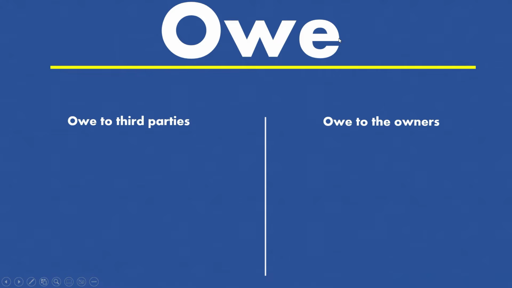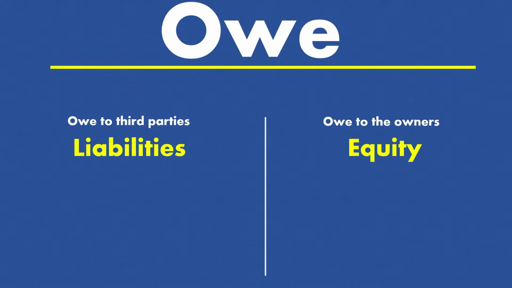So we have professional terminologies for both of these sides. If we owe the money to the third parties, we call that liabilities, and if we owe the money to the owners of the business, we call that equity, or it is also sometimes called owner's equity, but we can simply say in short that it is equity.